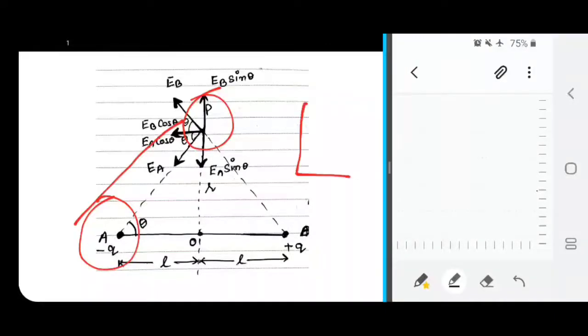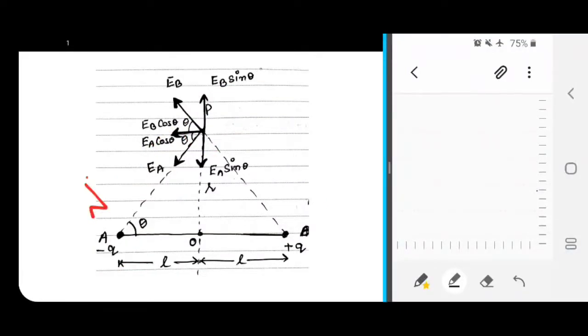by using the Pythagoras theorem, with perpendicular, hypotenuse and base, this is root r square plus l square.